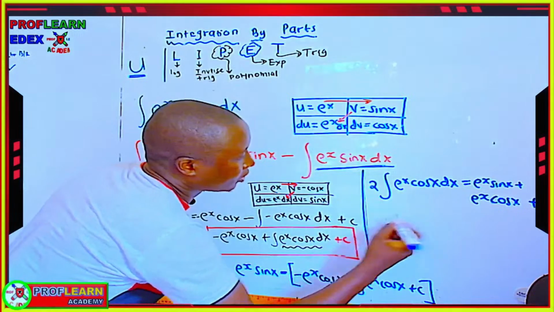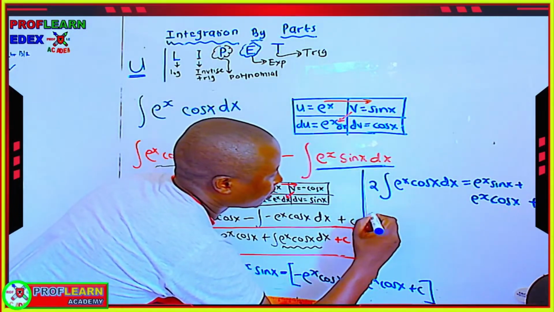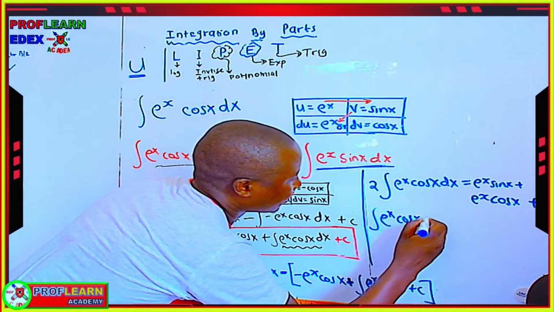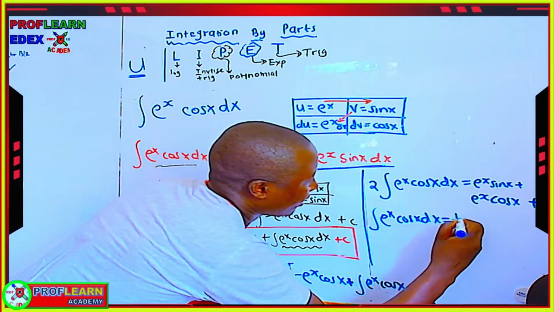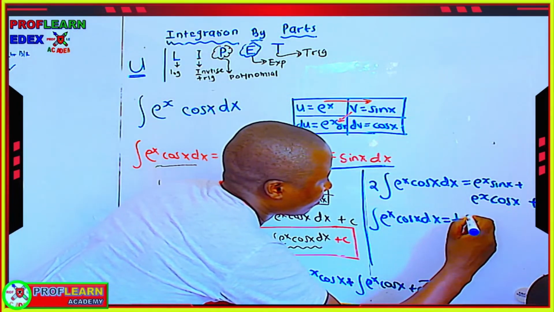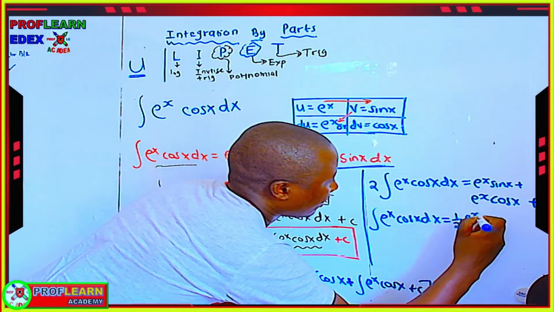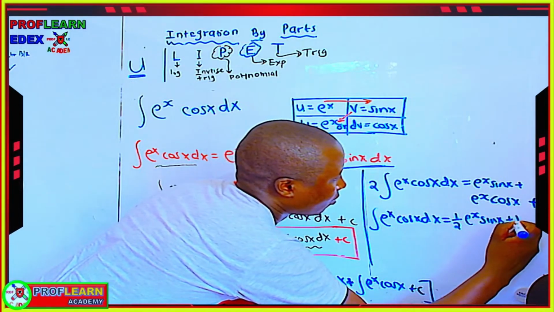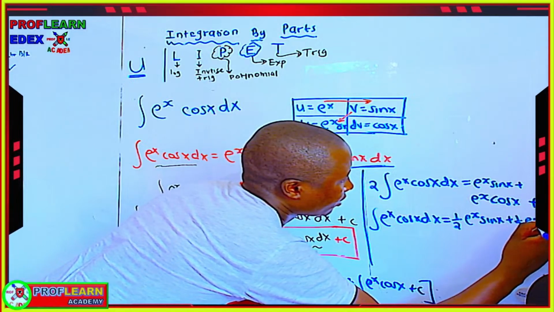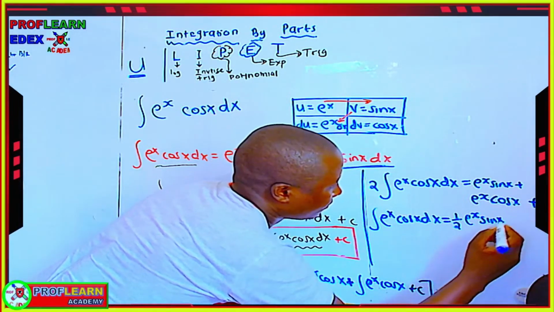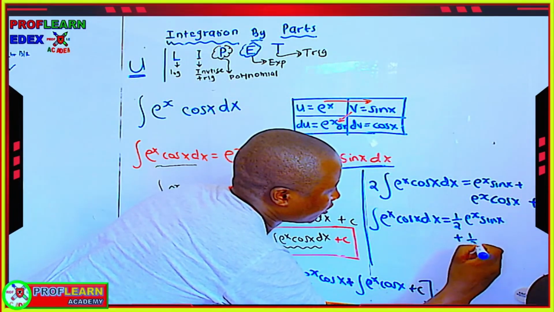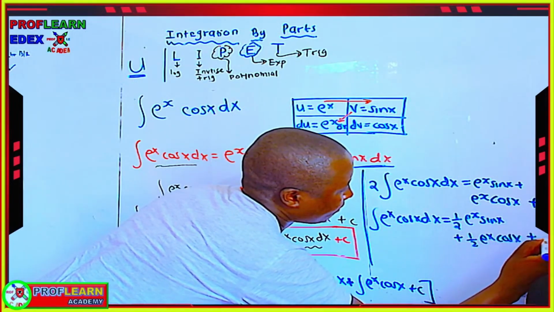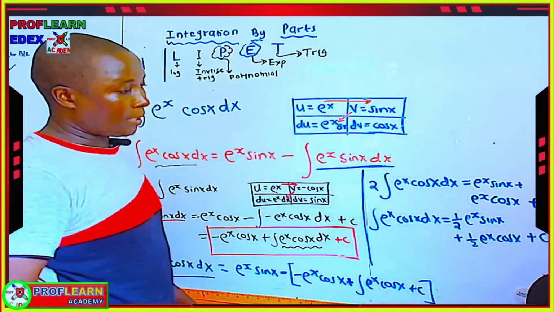And of course, finally, we can say this integral reduces to: the integral of e^x cos x dx is equal to 1 over 2 e^x sin x plus 1 over 2 e^x cos x, then plus c.